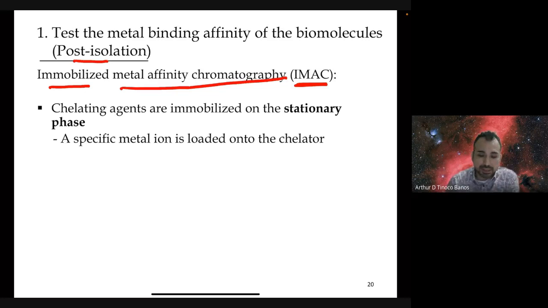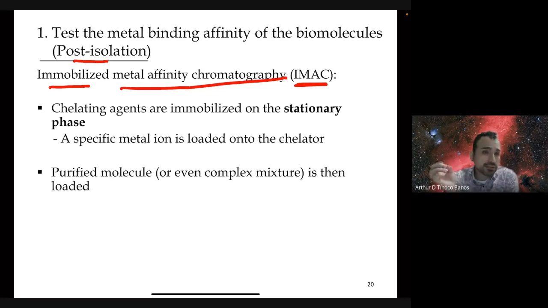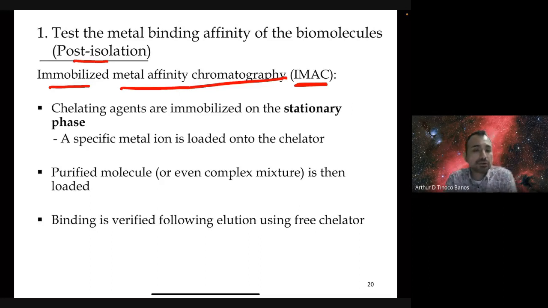That specific metal ion would be the metal of interest that you want to examine whether a molecule can bind to it. Then your purified molecule, or even a complex mixture, because this could be a form of purification, by the way, is then loaded. And then binding is verified following elution using a free chelator. So the free chelator would compete with the chelator bound to the stationary phase to elute whatever was binding the metal. Okay.